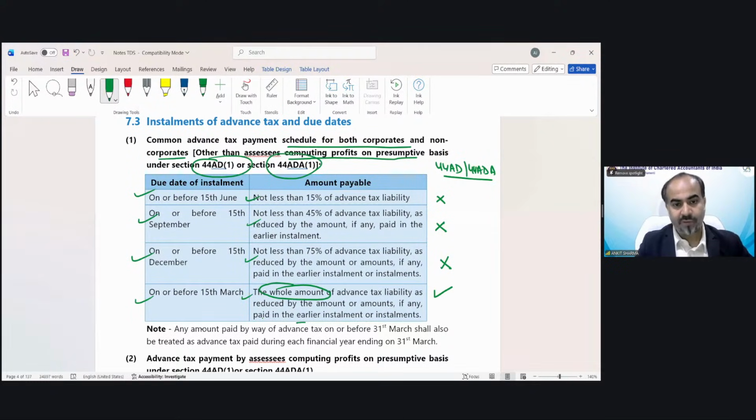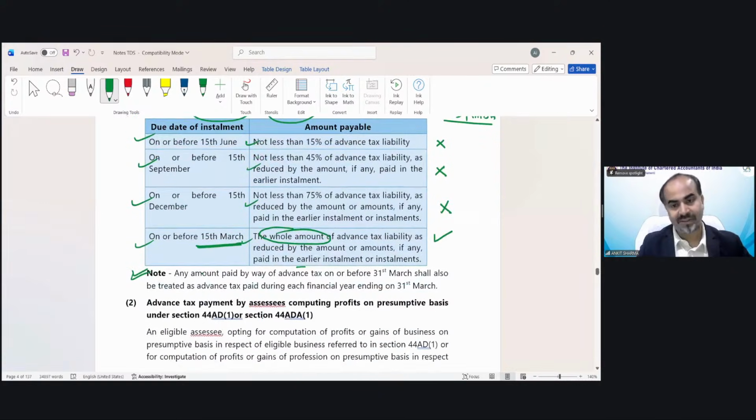The last date for payment of advance tax is 15th of March. But the government relaxed the provision. It says any amount of tax paid by way of advance tax on or before 31st March, even after 15th March, would be treated as advance tax paid during the financial year ending on 31st March.